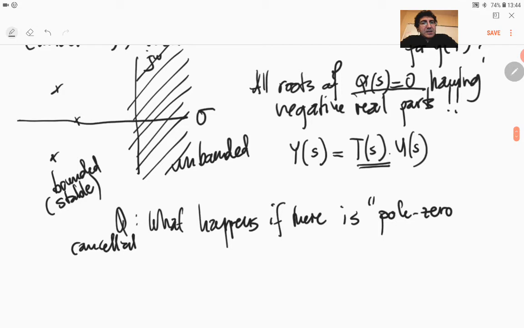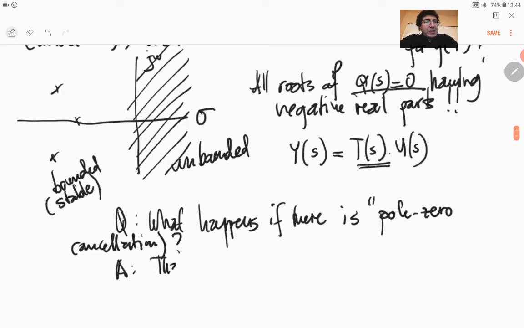In fact, this doesn't mean that T of s has a zero that cancels a pole, which might also be the case, but U of s introduces certain components that actually cancel out some of the poles of T of s.